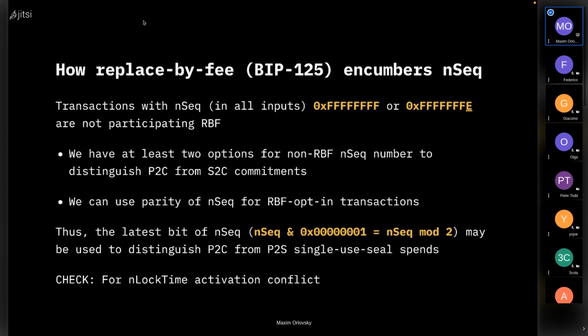True. But again, you will set nSequence to the maximal value, FFFFFFFF, and basically wouldn't be able to use RBF. Yeah, that's correct. So you can use nLockTime without RBF.